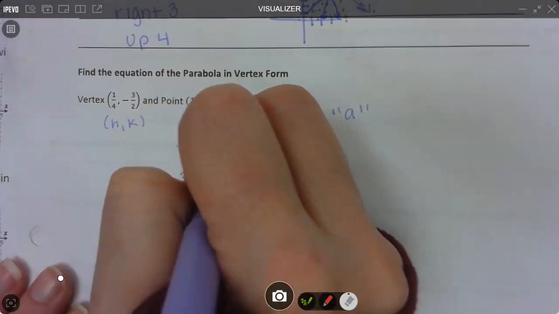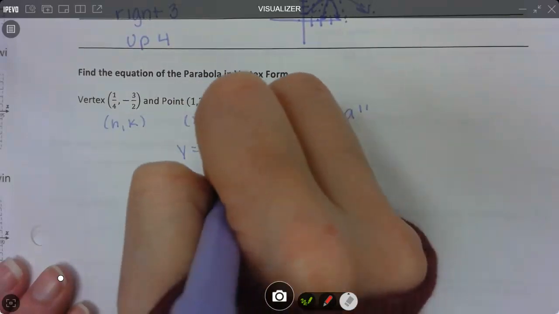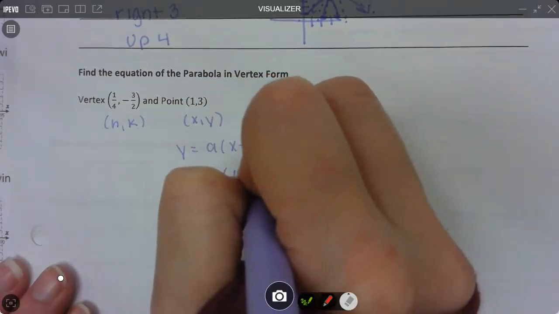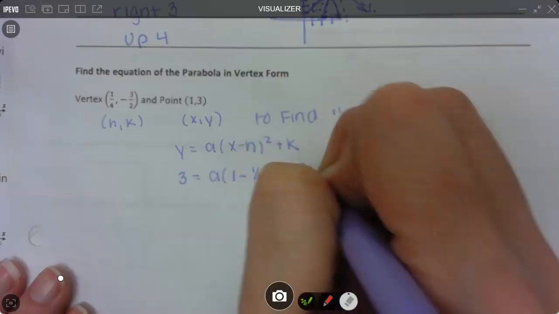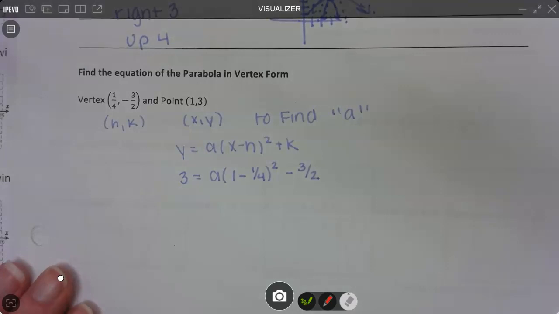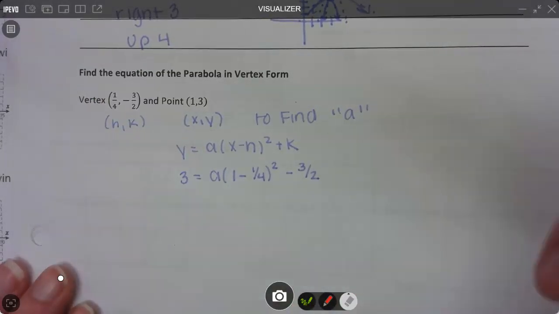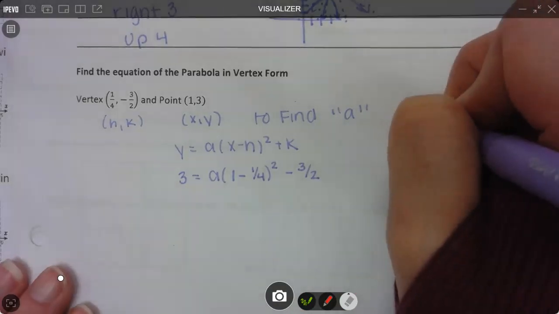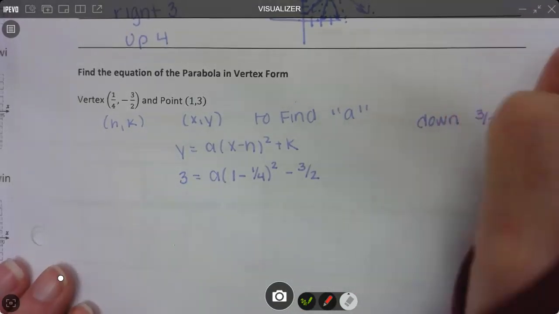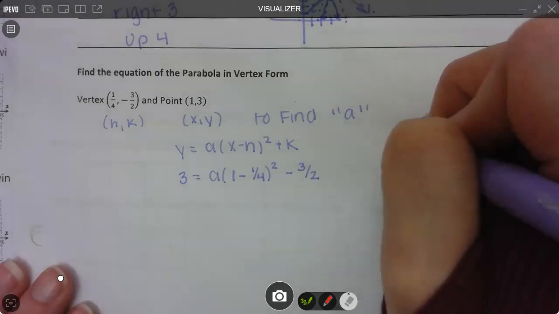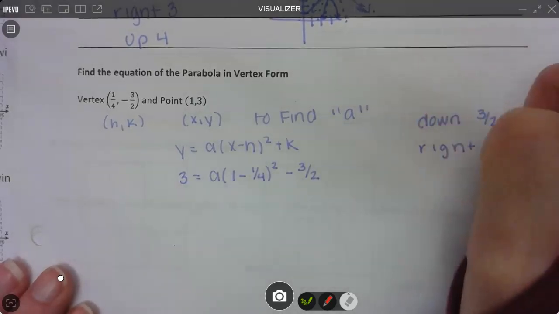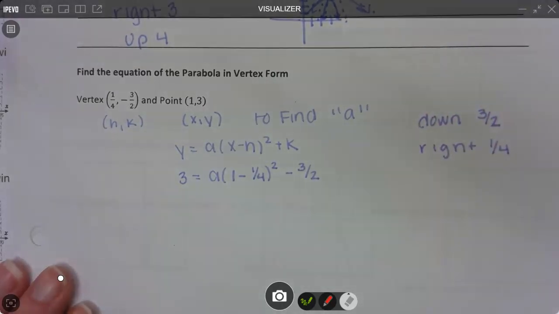So we have 3 equals a(1 minus 1/4) squared minus 3/2. Again, that 1/4 and negative 3/2, just looking at that, I know that my graph moved down 3.5 and moved right 1/4. What we want to do now is find out what the a value did.